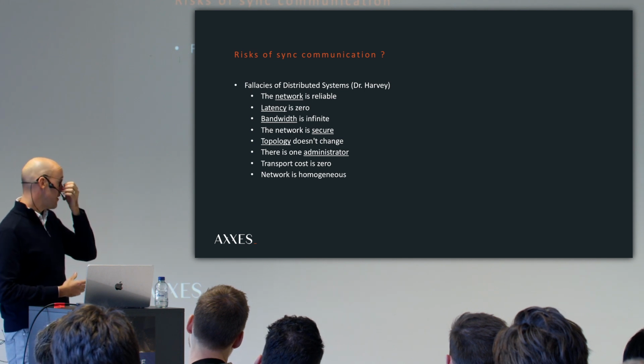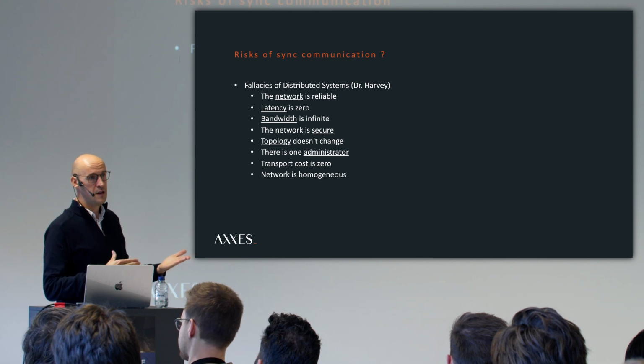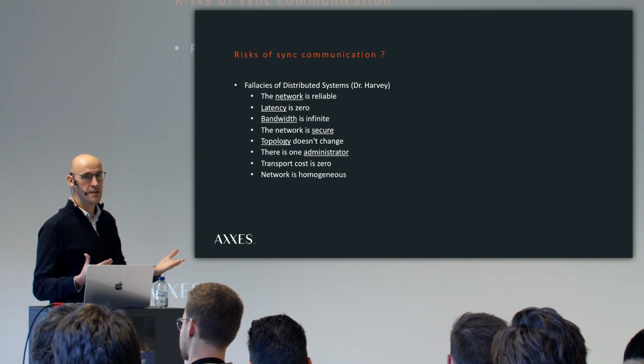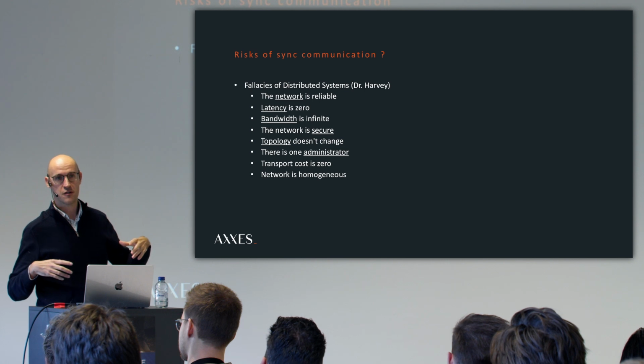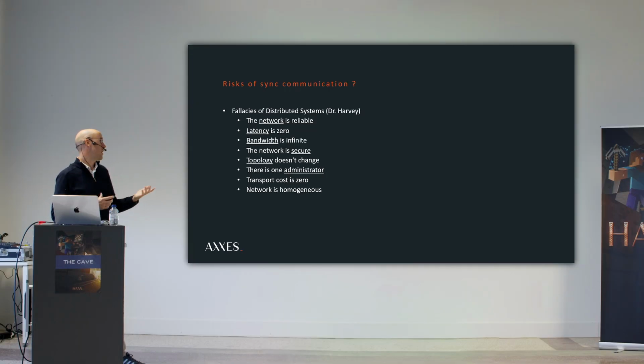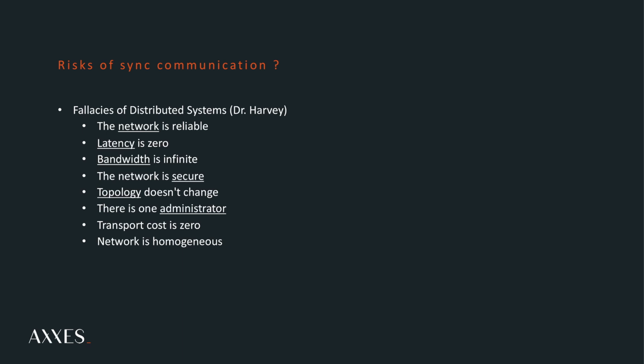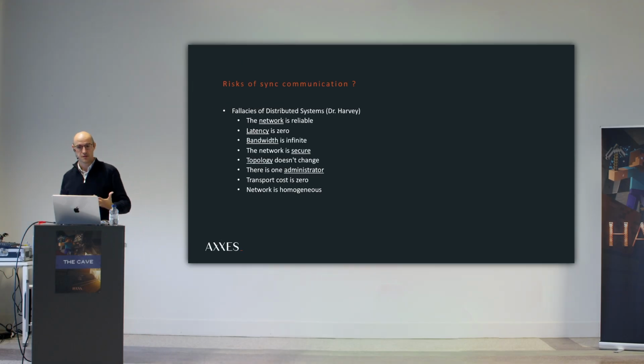Another one is that developers might think that the latency on their services is 0. If you have your local environment with multiple services running on your local computer, the latency is approximately 0. But the moment you deploy to your production environment, where services are really distributed across a network, the latency is not 0 anymore.